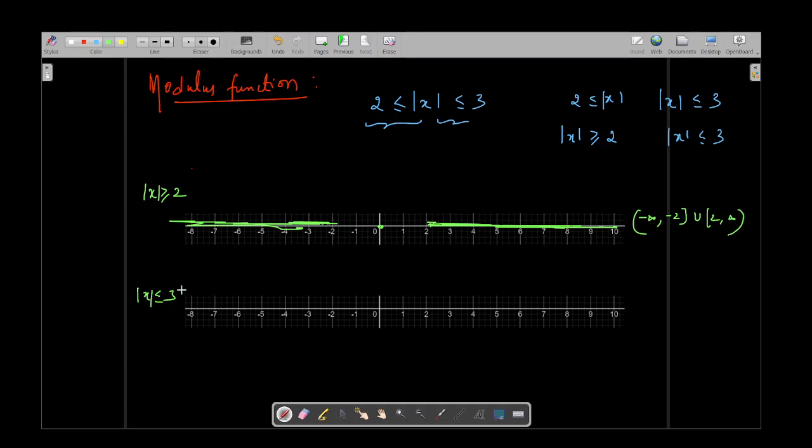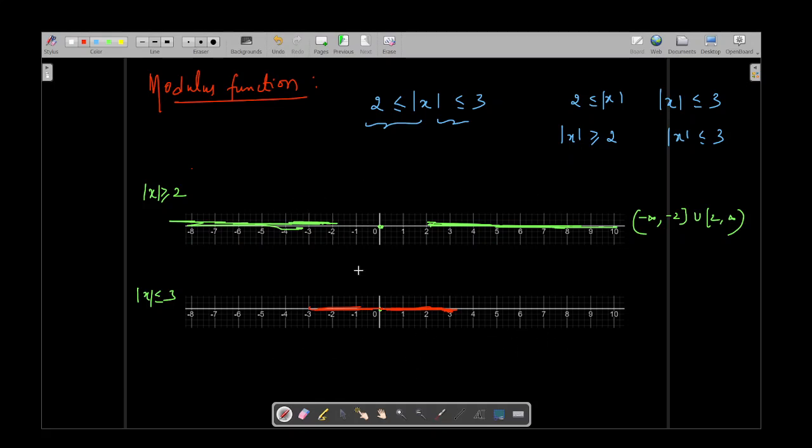Let's come to the second one, where the distance is less than or equal to 3. If I stand at 0, what are the points where the distance is less than or equal to 3 from 0? The points from here to here. If I combine these two, what is the domain?